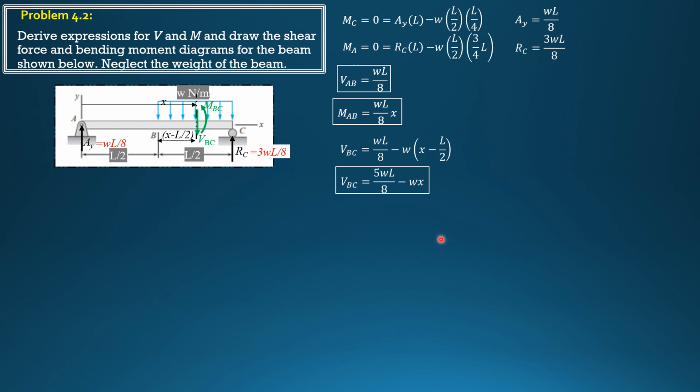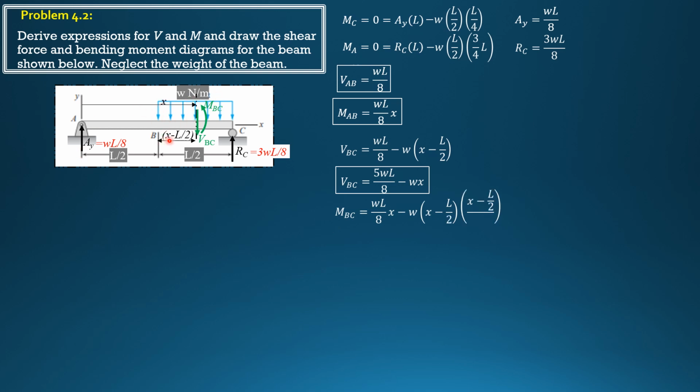That's shear in BC. For moment in BC, clockwise minus counterclockwise moment. So clockwise is WL over 8 times X, then minus W times quantity X minus L over 2 times moment arm, quantity X minus L over 2 over 2. So MBC is WL over 8 times X clockwise minus counterclockwise moment.